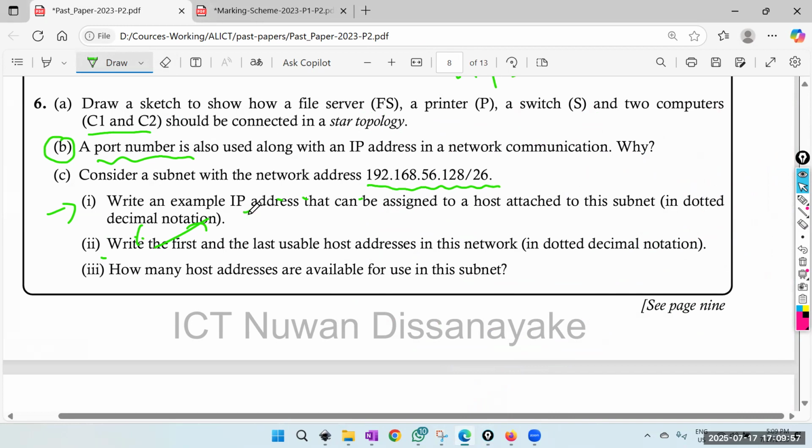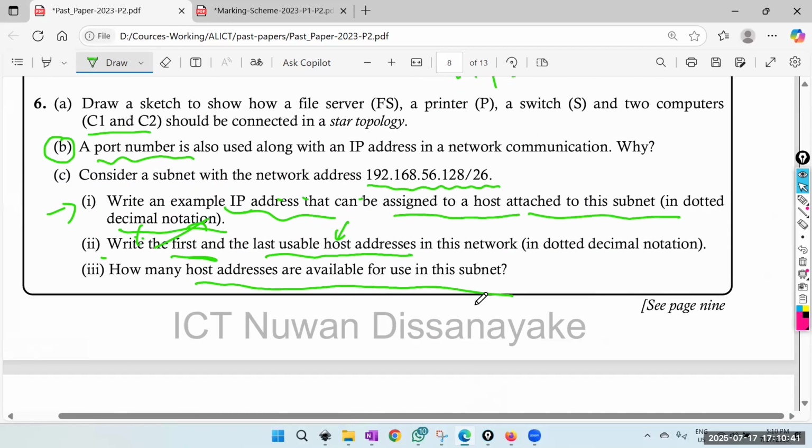Write an example IP address that can be assigned to a host attached to the subnet in dotted decimal notation. So dotted decimal notation is this. Then look at the full answer because you can plan out the full question. Write the first and last usable host address. Usable means you can't use the first one because it's the network ID, and you can't use the last one because it is the broadcast ID. So what you need is the usable addresses. In dotted decimal notation, how many host addresses are available in this subnet? So those are the three. That is a super easy question, right?